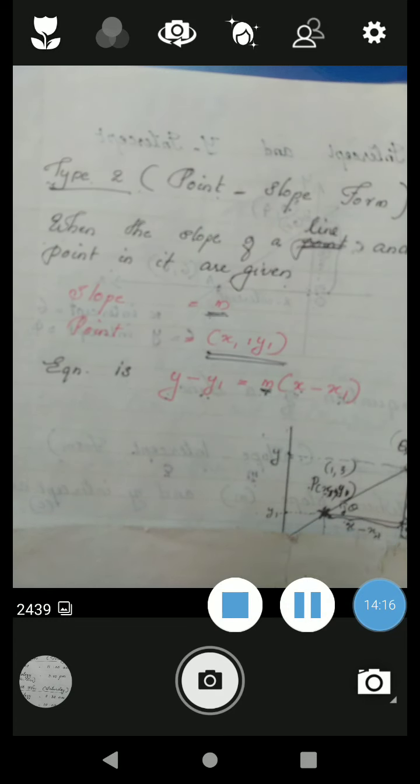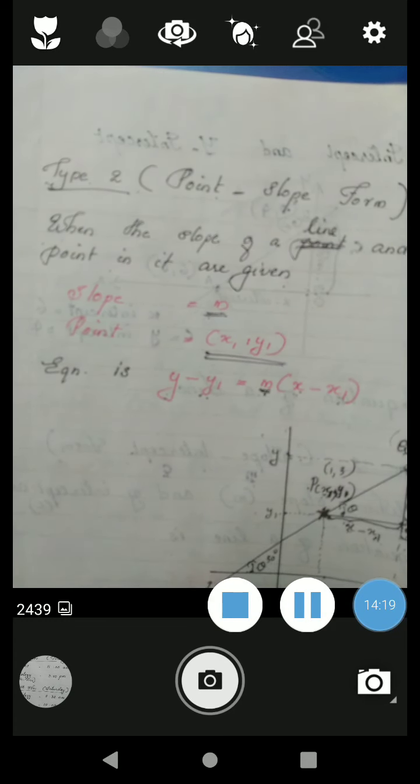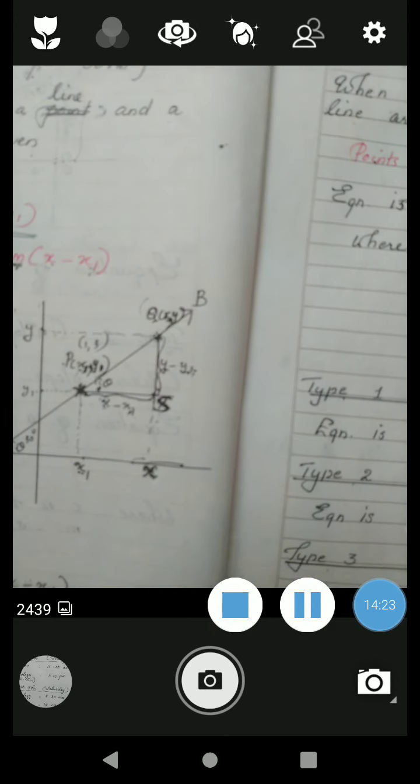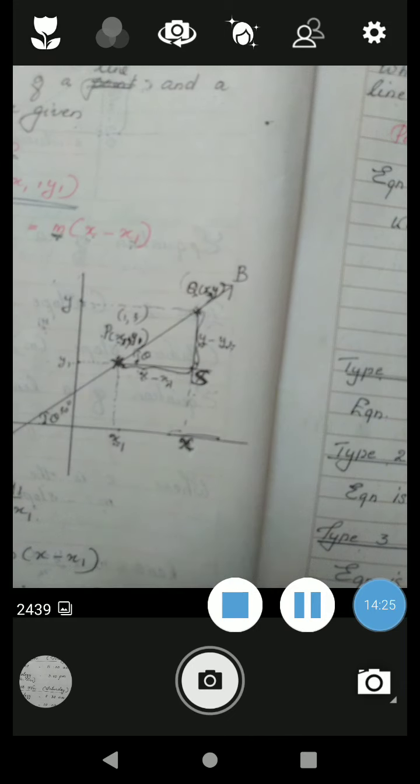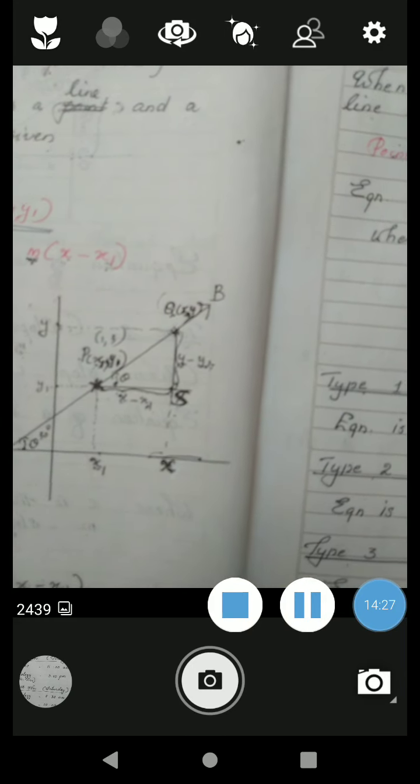Okay. Now third form, you can see the explanation or proof. Next, third type is two-point form. When coordinates of 2 points of the line are given, that means x1 y1 and x2 y2 are given, with the help of those 2 points, we can find slope, right?